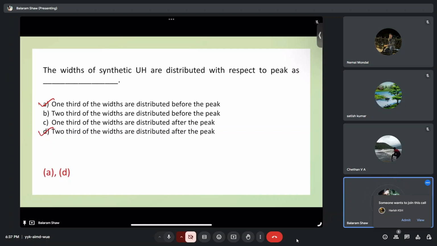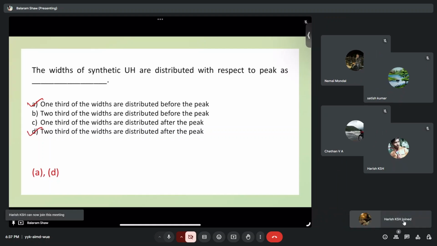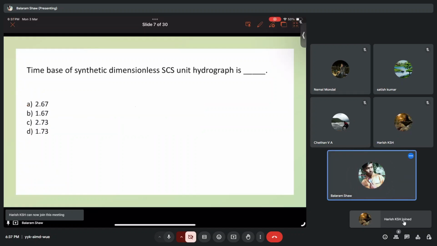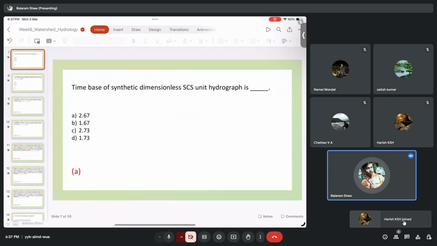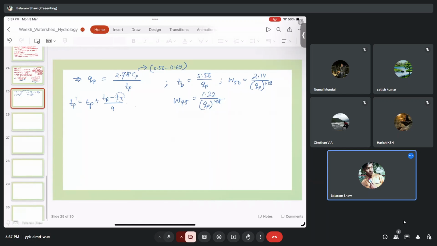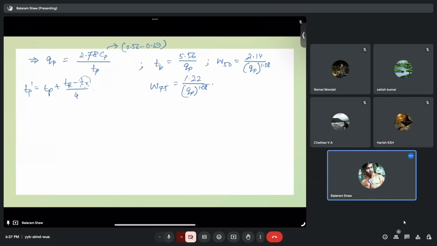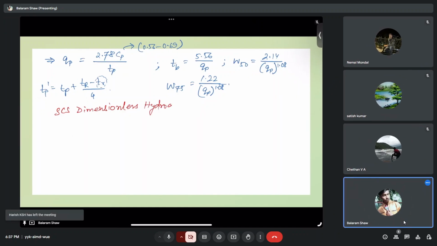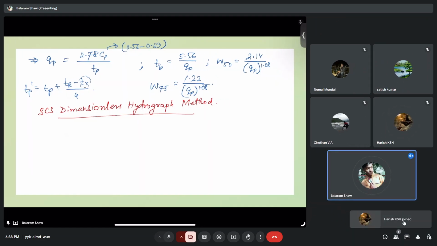Before this, we'll just see the SCS dimensionless unit hydrograph first. The second method that we have seen was the SCS dimensionless hydrograph method, right? As the method's name suggests, it was employed by SCS, that is Soil Conservation Service.